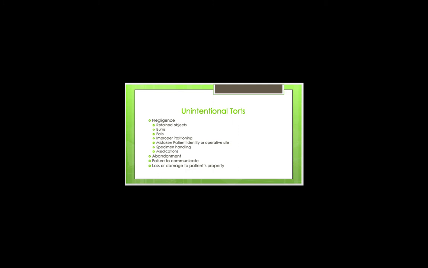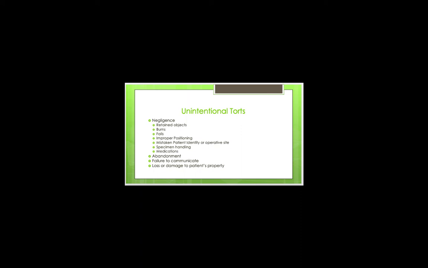Unintentional torts are the most common form of liability. So negligence is an unintentional tort. It's an omission or commission of an act that a reasonable and prudent individual would not do under the same circumstances. Some examples would be retained objects in the body, objects left in the body cavity, burns, falls, improper positioning, which could lead to a patient injury, mistaken patient identity or operative site, improper specimen handling, and poor handling of medications.